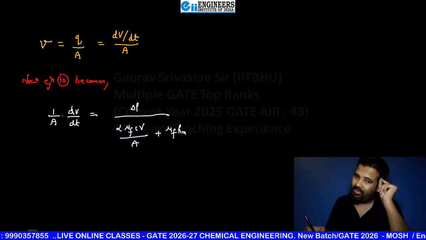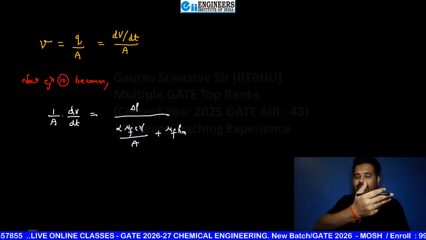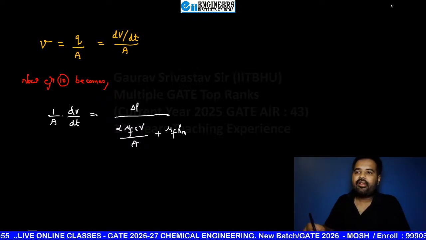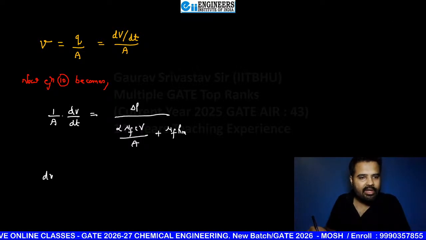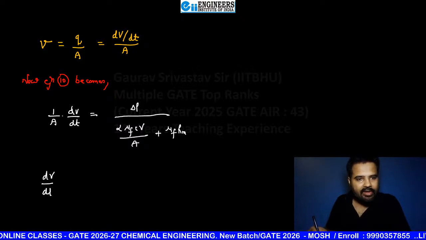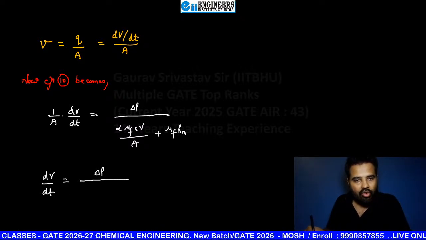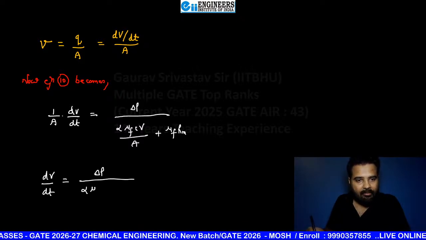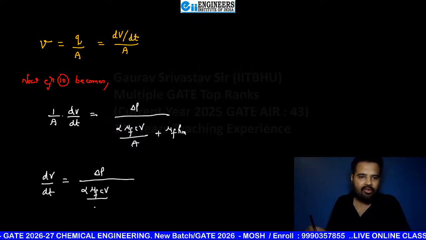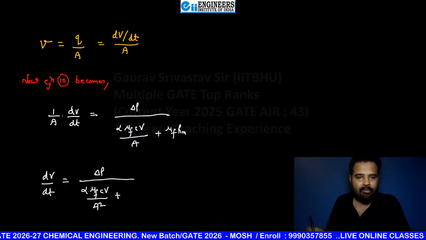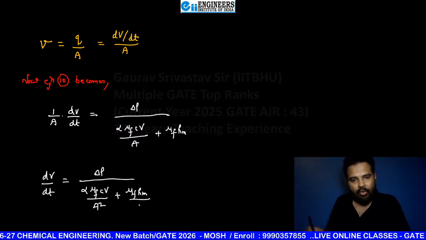If I write 1 by A on the right hand side, then dV by dt is equal to delta P upon alpha mu CV upon A squared plus mu f Rm upon A.